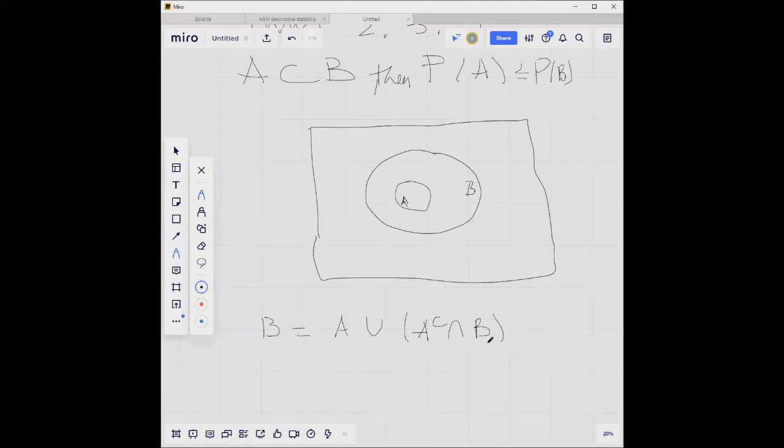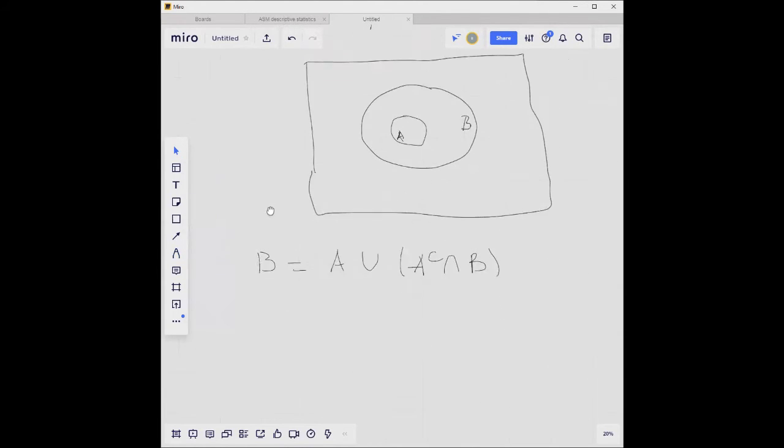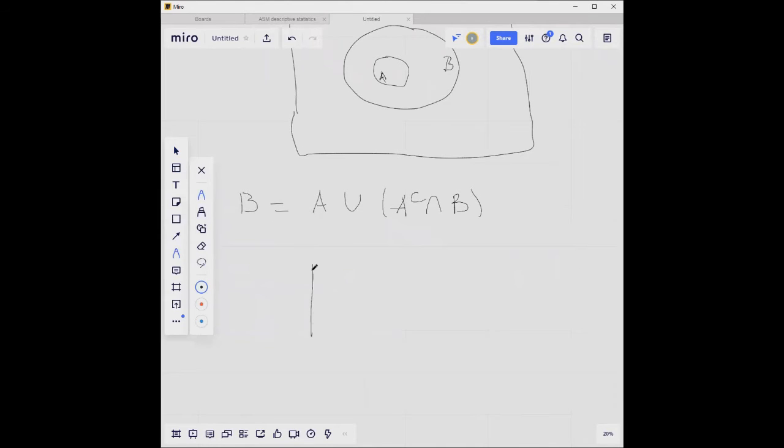All right, let me show you in more detail how I got this intersection over here. So if we have event B and event A inside of it, let's take a look at A complement. I will color it in red, vertical lines.